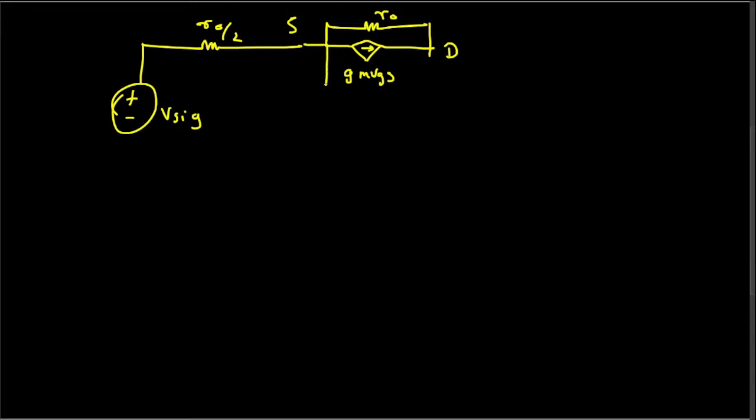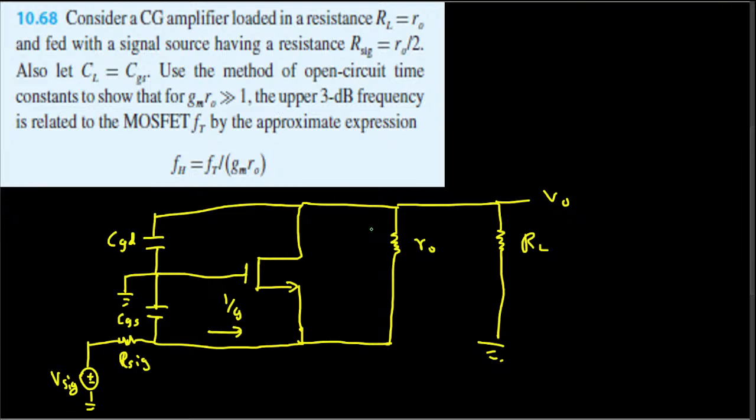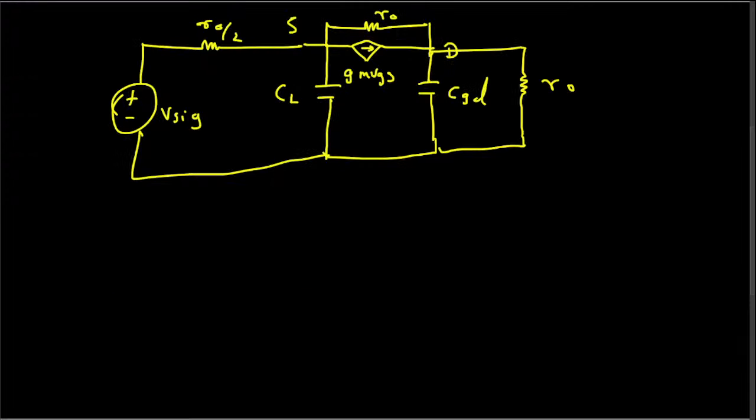We will have the capacitance CL in parallel right here, and CL is in parallel with the CGD. This one is also parallel to the RO resistance. Here we are considering the load resistance as RO as well, because they mentioned that RL is equal to RO. So by considering that, we can draw the small signal equivalent model like this, and this is the gate, which connects to the ground.